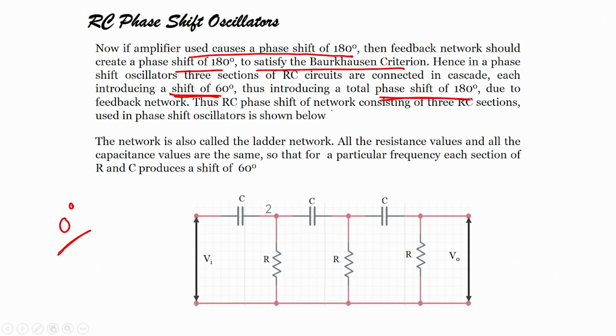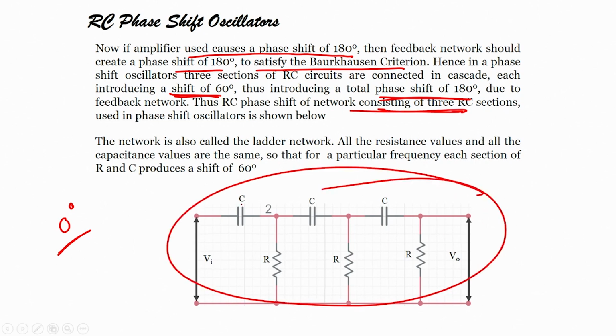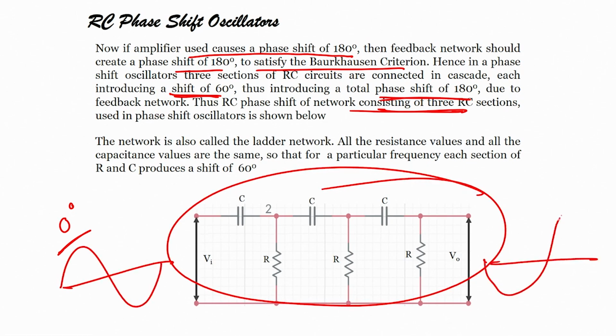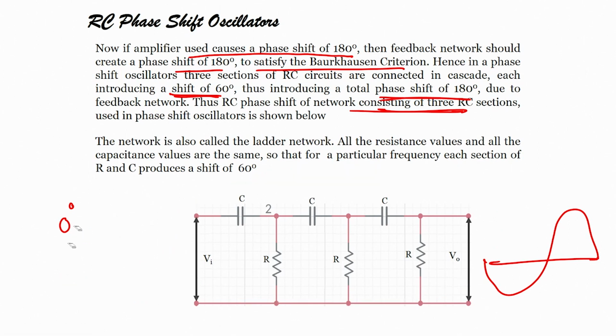This is what we have discussed, right. Thus, the RC phase network consists of 3 RC sections as shown below, which is shown right over here. So, if I have a signal at the input, my output would be 180 degrees out of phase. Or in another way, this circuit is a feedback network, nothing but my beta.